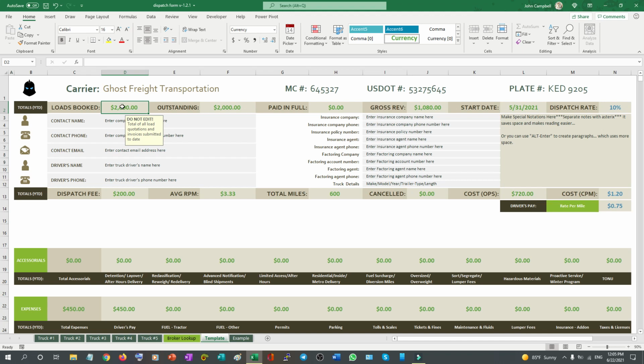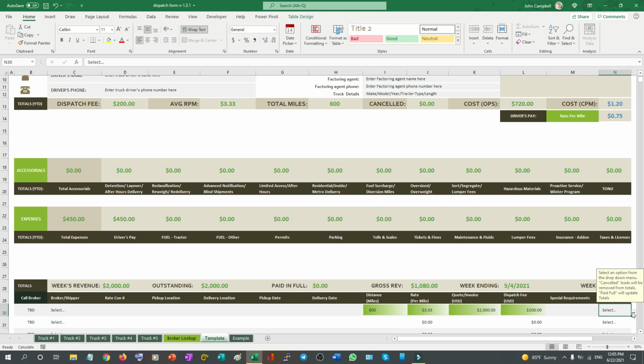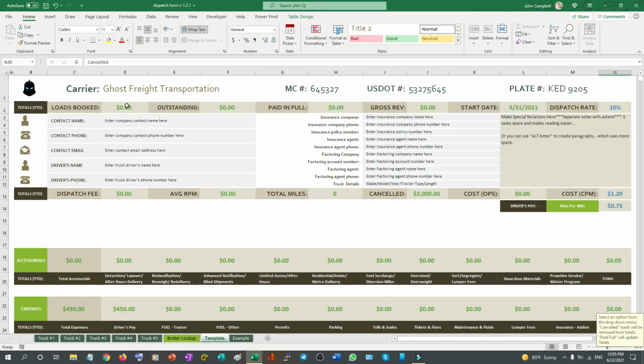The only way it will not show up here is if it has been cancelled, right? So let's say that we change the status of this load that we just added, and we change it to cancel. Then you'll notice that the information disappears from loads booked. It's subtracted, right?